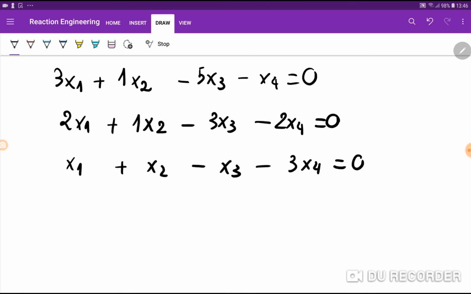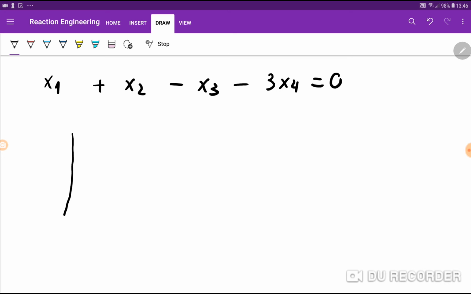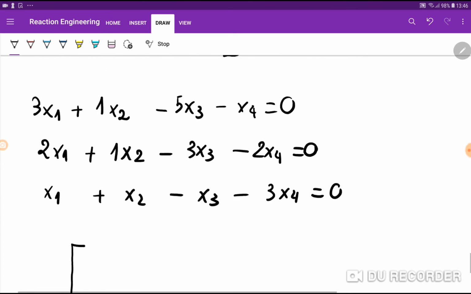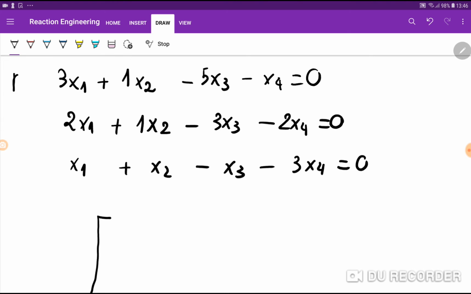Number one, you have to set up the matrix first. So you're gonna set it up like this. Look at the coefficients. Each row, this is row 1, row 2, and row 3.